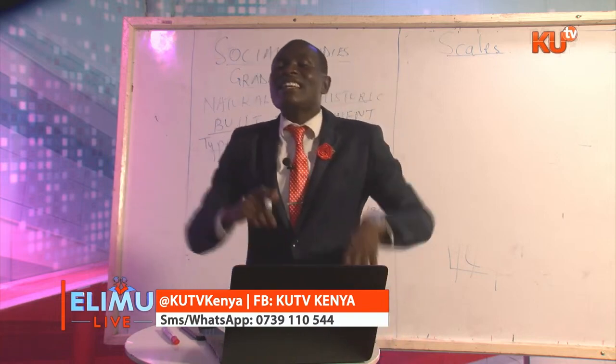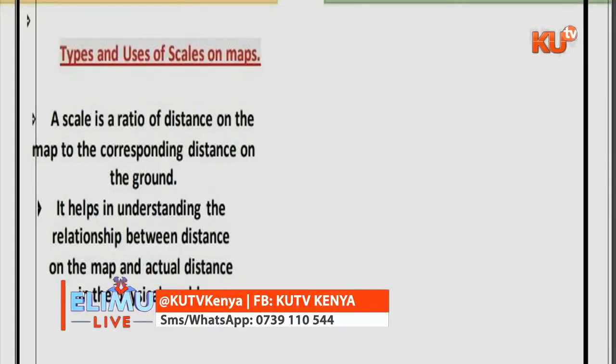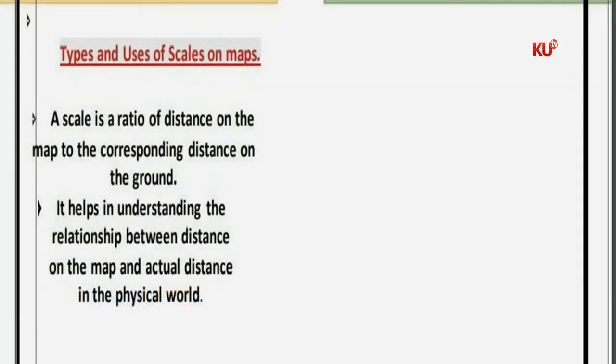Now, a scale is a ratio of a distance on the map corresponding to that distance on the ground. And the scale helps us to understand the relationship on the map and the relationship on the physical world. Remember, you can never draw the world.